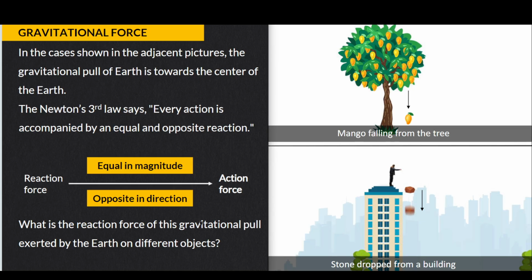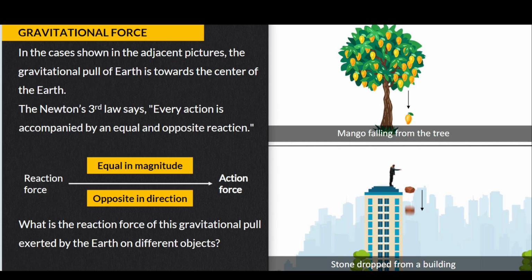Now let's understand gravitational force. As you can see in this picture, the earth is pulling this mango towards its center. This is because of gravitational force, and this is called gravity. There is a law, Newton's third law, that every action is accompanied by an equal and opposite reaction.